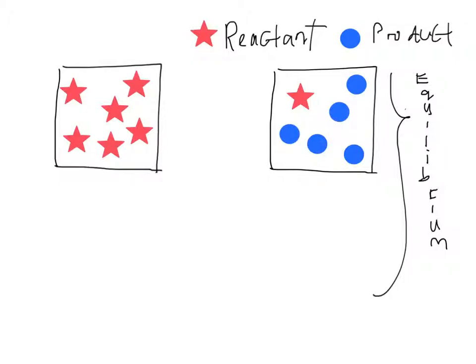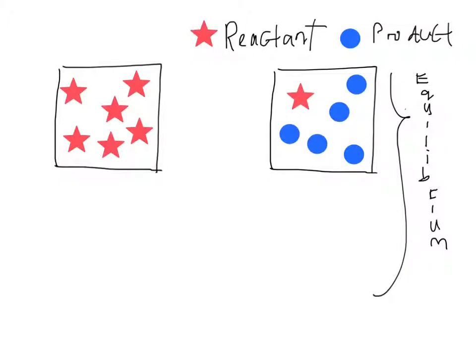In case you didn't understand just now, here are some diagrams to aid your understanding of the equilibrium constant. Let's say, for example, the star represents the reactant, whereas the blue dot represents the products. You start off with this initial condition with only the reactants, and then when the reaction proceeds and reaches equilibrium, this is what you get. You get 5 products and 1 reactant.